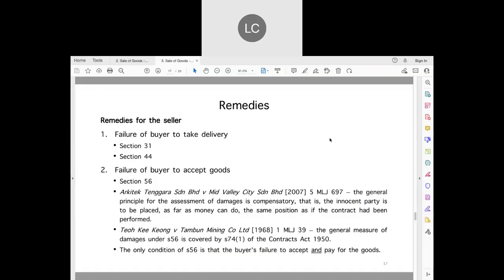So Obama now can ask for compensation of 10,000 ringgit, being the excess which he could have obtained if not for Trump's wrongful refusal. Because the agreed price between Obama and Trump is 70,000 and the price offered by Biden is 80,000.